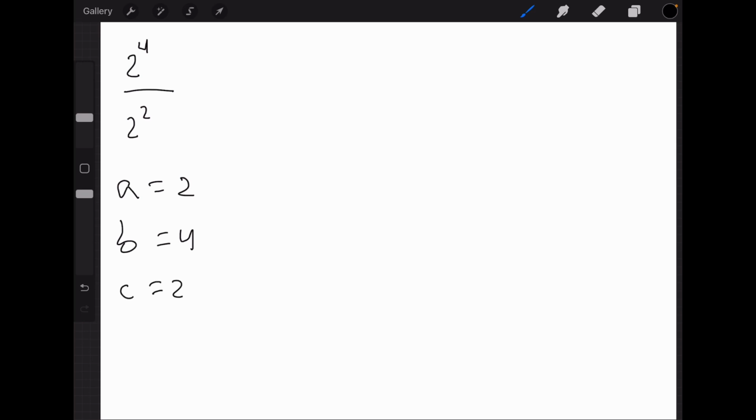And we have the rule A to the B over A to the C equals A to the B minus C. So we can rewrite this as 2 to the 4 minus 2, which equals 2 squared, which equals 4.